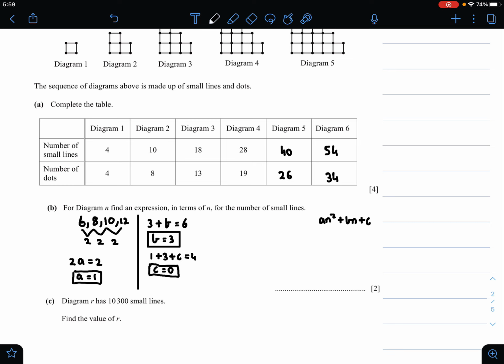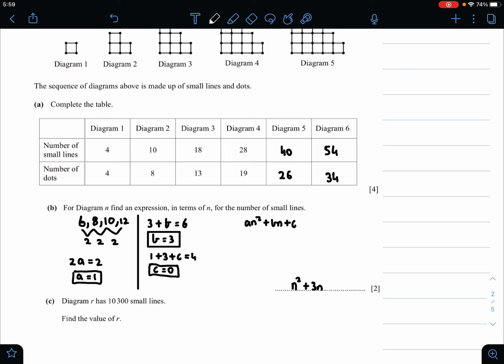Therefore your final answer would be by substituting the values of A, B and C into the nth term. So your final answer would be n square plus 3n, and since C is 0 you don't need to write that at all. So your final answer would be n square plus 3n for part B of this question.